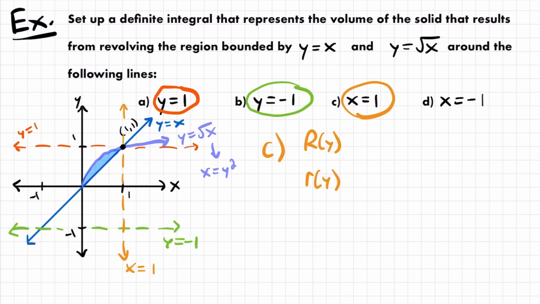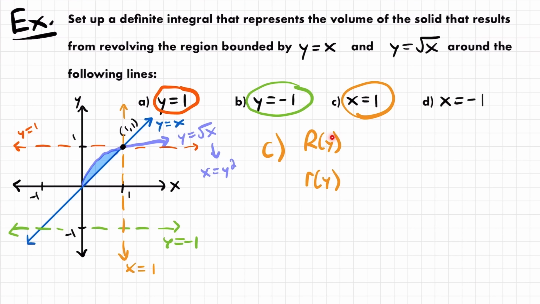Okay, so now let's look at our region here. Our region is on the left side of our axis of revolution, right? We're going to be revolving around this line, x equals 1. And so because it's on the left side, we need to subtract the boundaries from the value of that line.